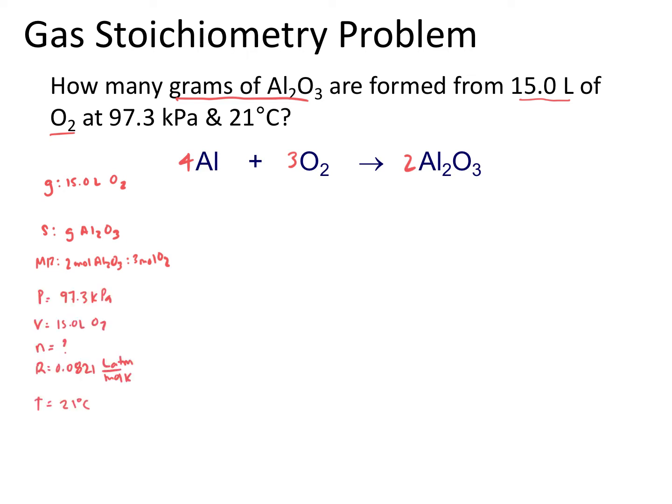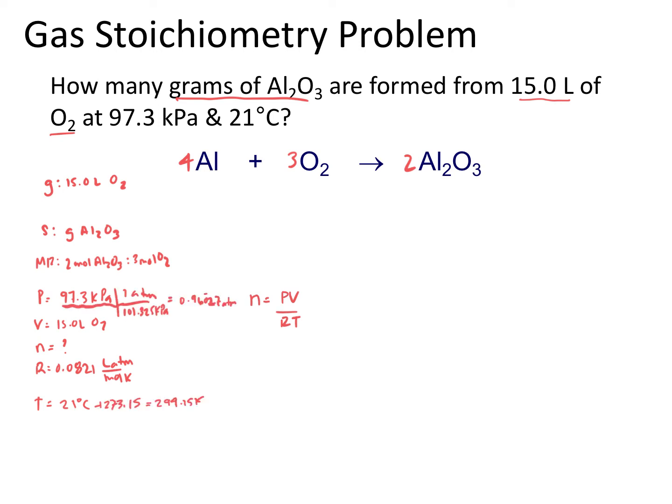Again, we're going to start out by writing out all of our variables for our ideal gas law. We see that we're solving for n. If we take our ideal gas law and manipulate the equation, n is equal to PV over RT. Before we plug in those values, we need to make sure that they all match the ideal gas law, which they obviously don't. So we're going to make those conversions now.